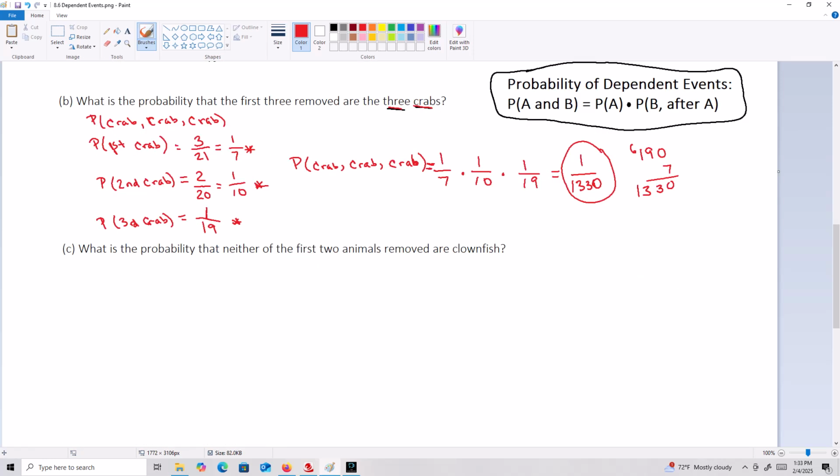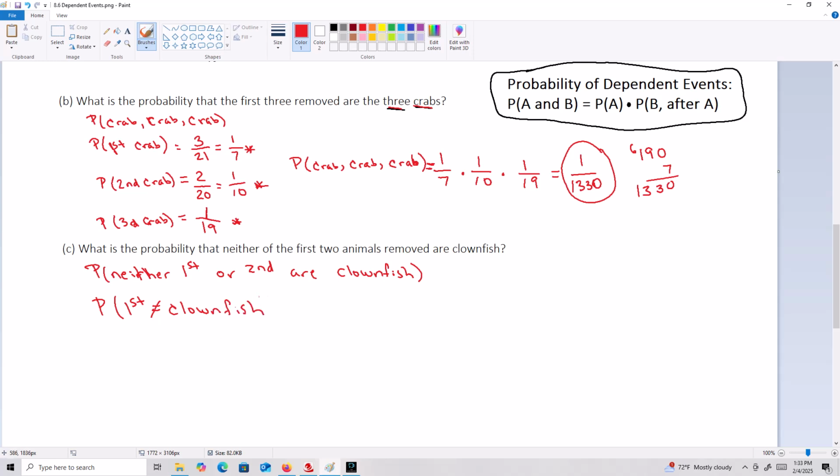All right, and then finally, what is the probability that neither of the first two animals removed are clownfish? Probability neither first or second are clownfish. All right, so the probability that the first is not a clownfish.